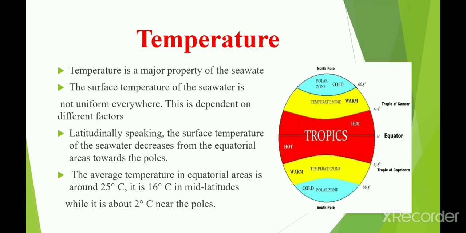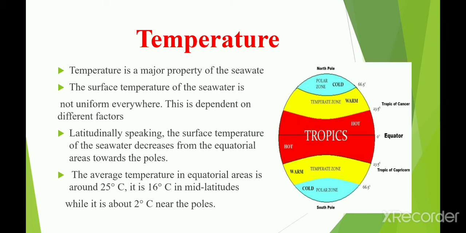Means first point is, temperature is the major property of seawater. The surface temperature of the seawater is not uniform everywhere. It is different. So what are the factors?